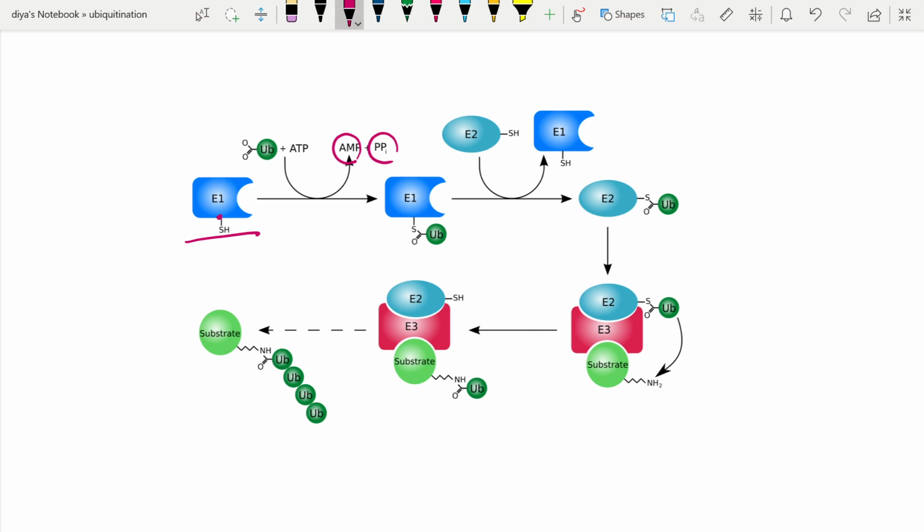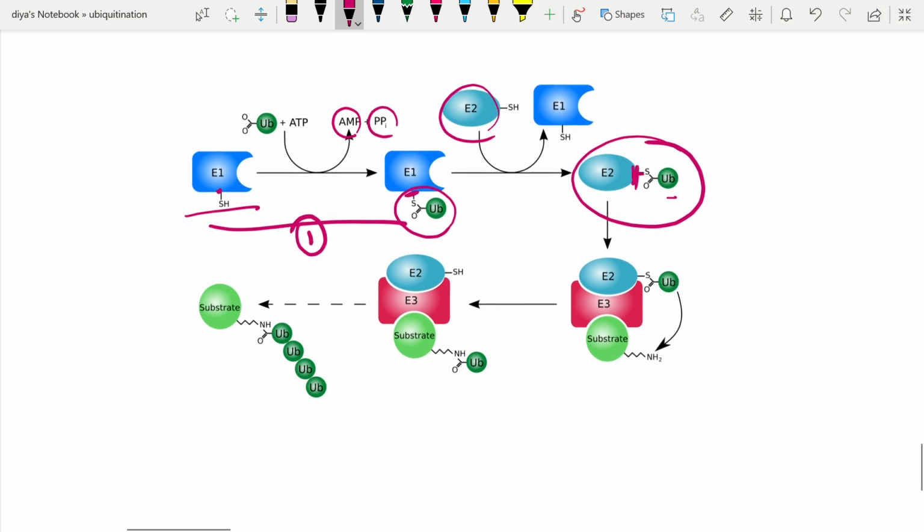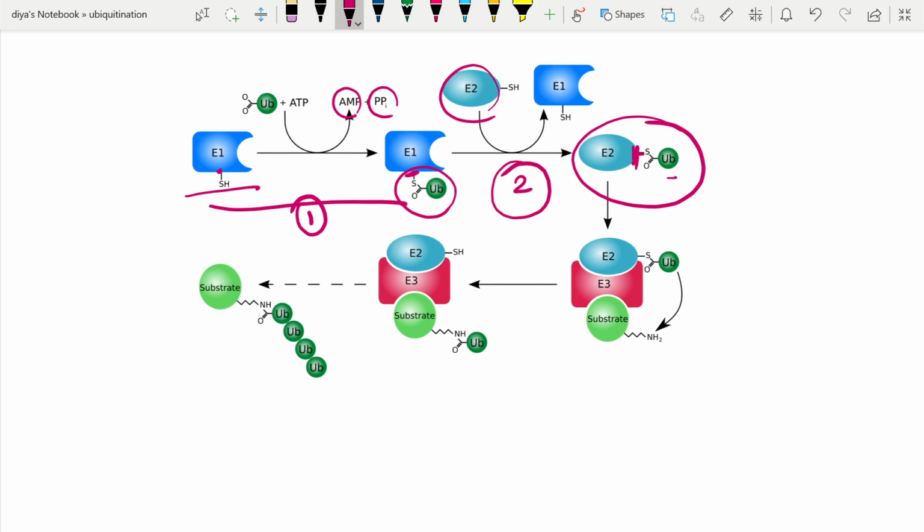This is the first step. In the second step, the E2 enzyme takes away the ubiquitin and attaches it to its sulfhydryl cysteine site. Both involve a thioester bond.